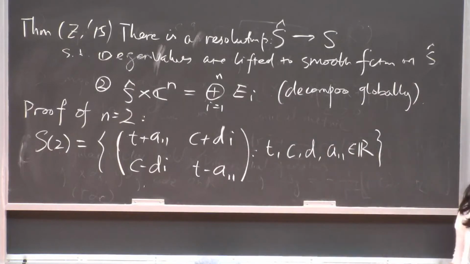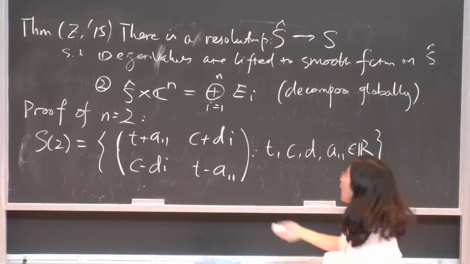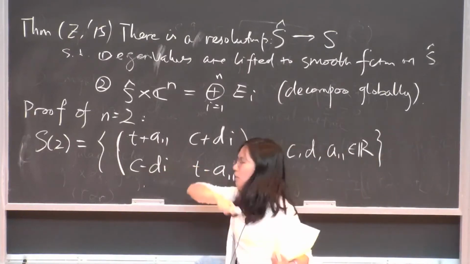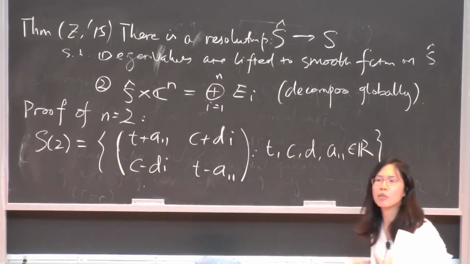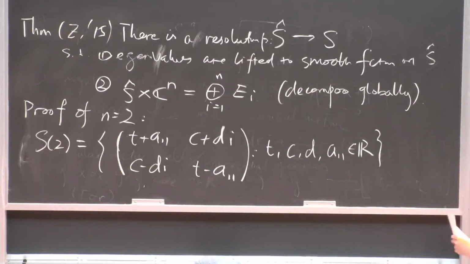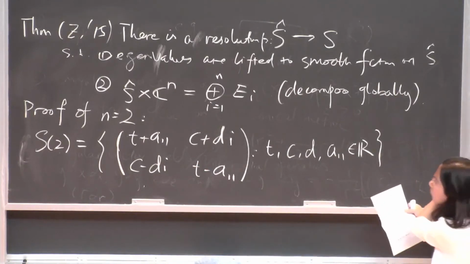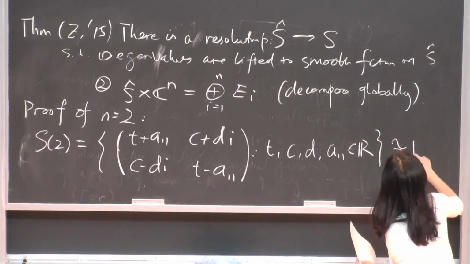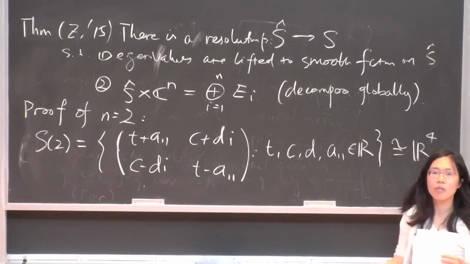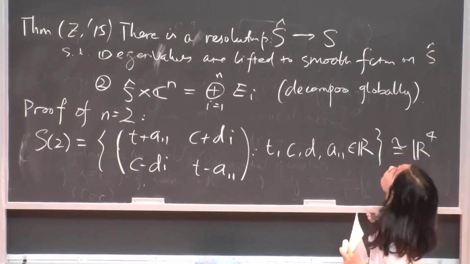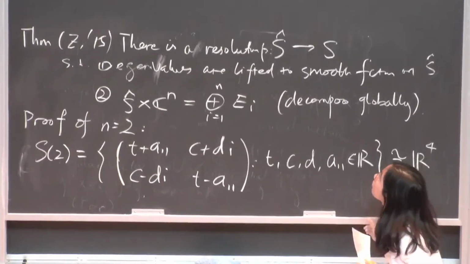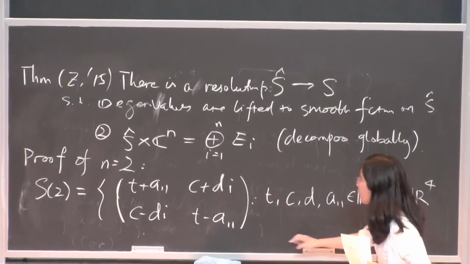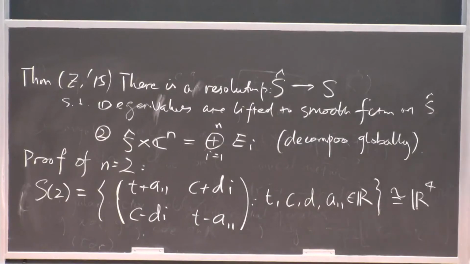So this is the space of self-adjoint matrices, and it's very explicit. T, as you can see, I'm going to use as my trace, or two times the trace. I'm going to identify this space with R4 so that I can talk about coordinates. All right, now let me leave this here for now.